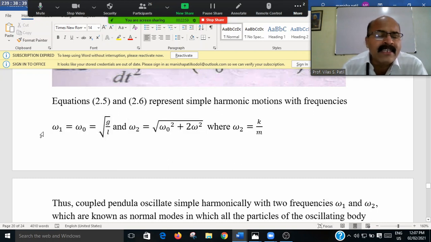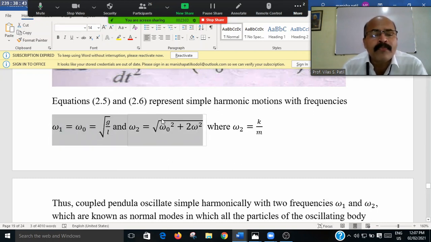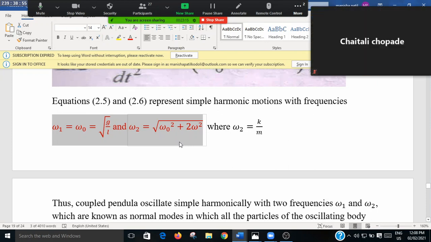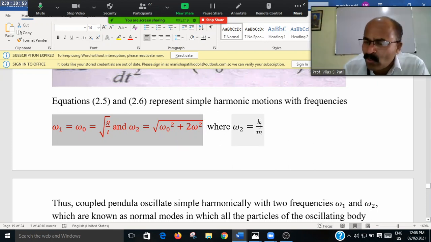These two equations, omega 1 and omega 2, give the values of the two frequencies of the SHM, where omega 2 is also k by m. Here k is the spring constant and m is the mass of the bob.